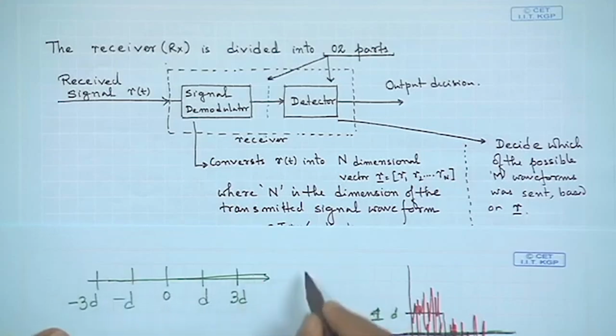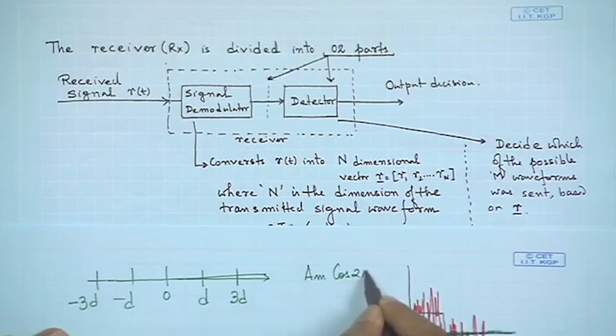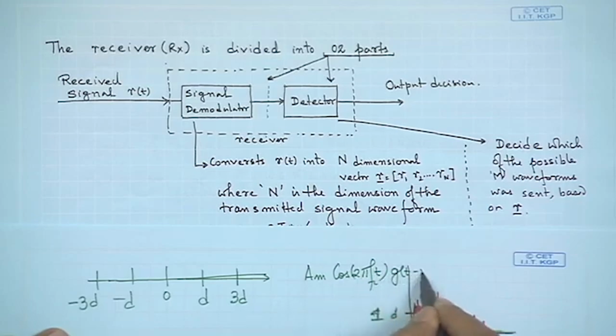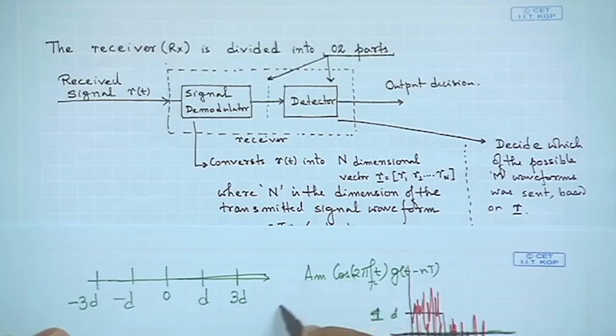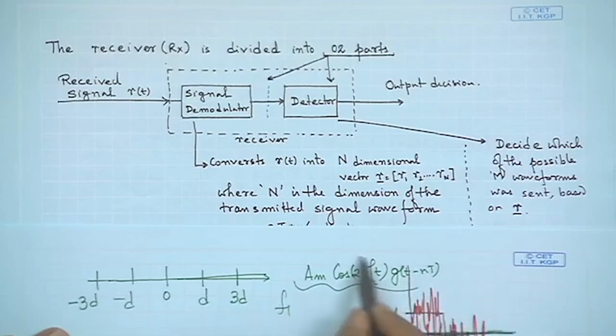And if you look at the passband signal, it is A_m cos 2 pi f_c t times g(t). You recall that in this case there is only one basis function, and that is cos 2 pi f_c t times g(t). So, g is giving the time orthogonality and this is giving the function. So, when we are modulating, we are only changing the amplitude of this particular signal.